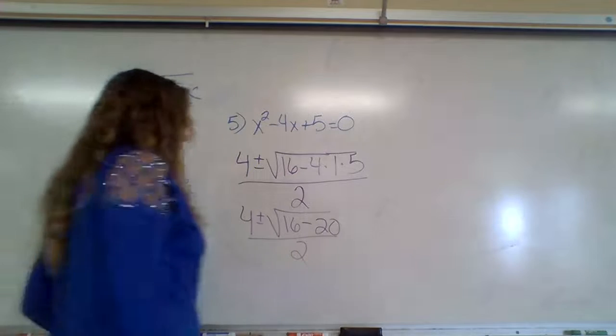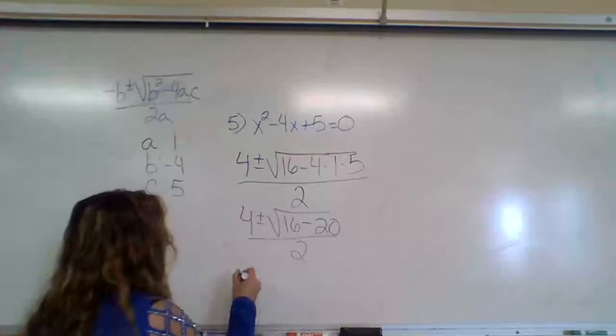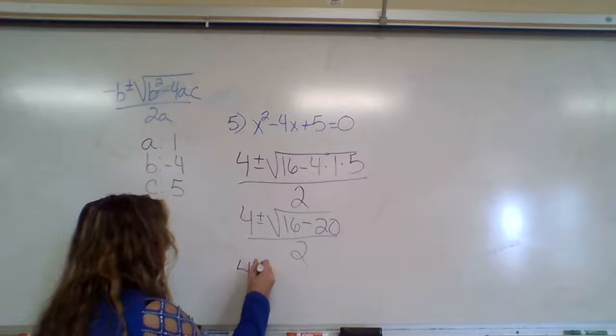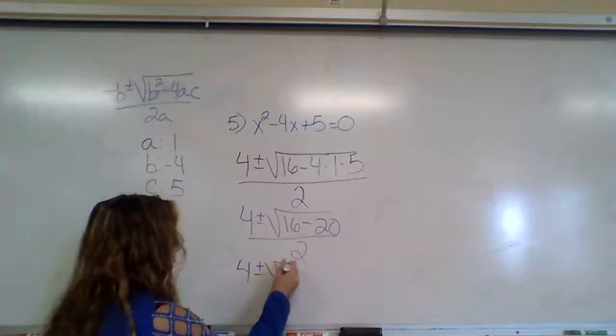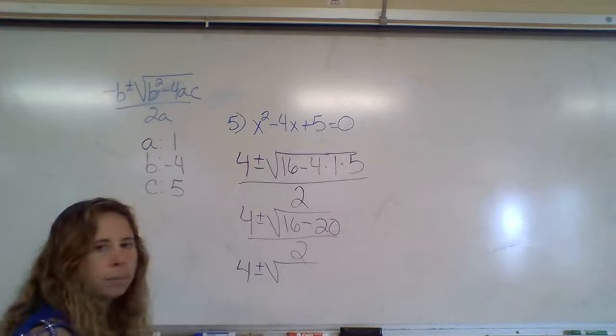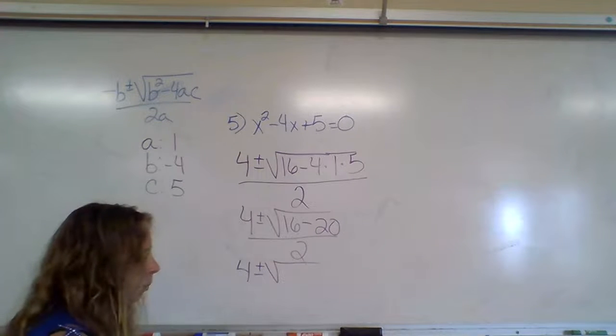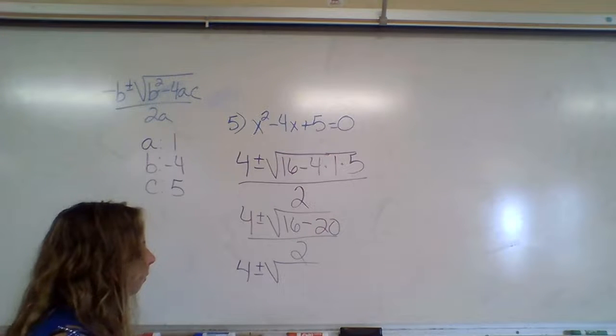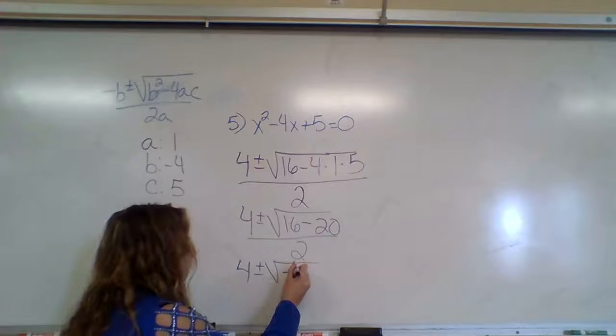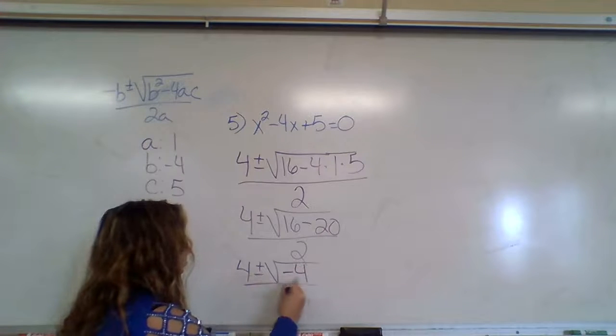So 4 plus or minus 16 minus 20, negative 4, all over 2.